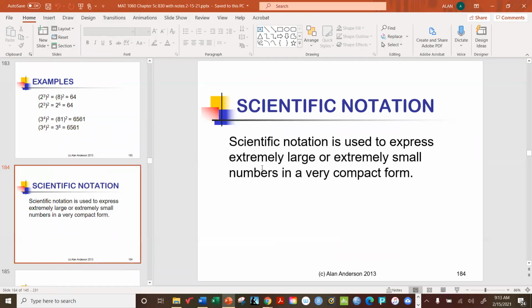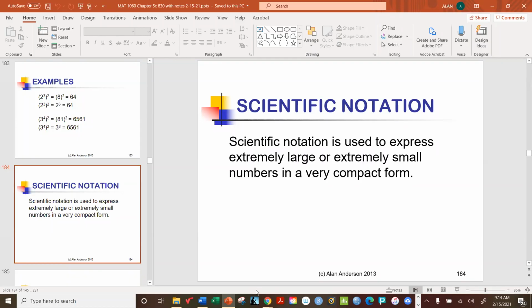So let's just go back and quickly review what we were doing before. Remember, the point of this is to simply have a system for representing either extremely large or small numbers that would contain a large number of zeros.